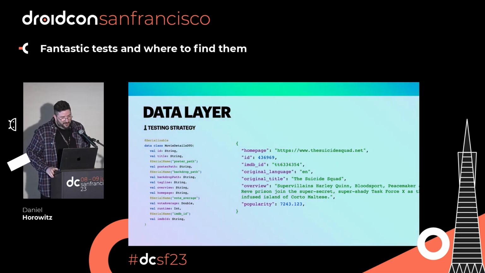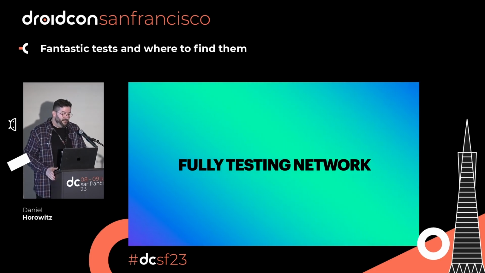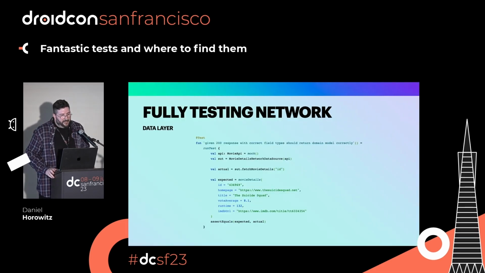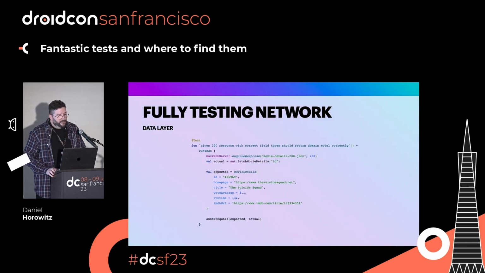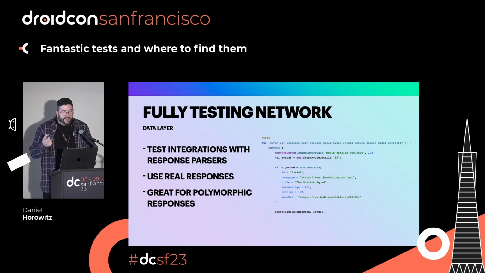And there is one way to mitigate this. So you could fully test a network. And how you do it, one of the good approaches is to convert this mocking of the API, and you can use a mock web server. By doing that, you are actually testing the integration with the response parsers.